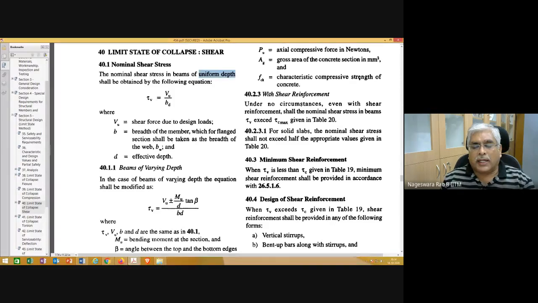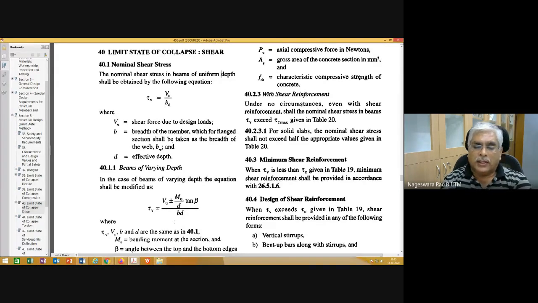And here we have the nominal shear stress, which is for beams of uniform depth. The nominal shear stress for beams having varying depth is slightly different. Why this difference? That's what I'm trying to explain.